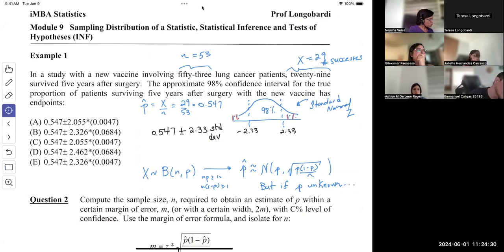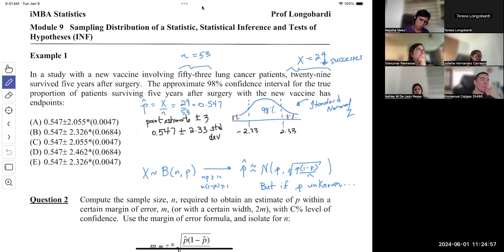That's the way I'm going to create an interval, right? I'm going to use this as the center, or what I'm going to call the point estimate from my sample. And then I'm going to do plus or minus.